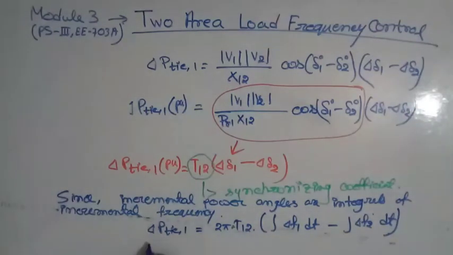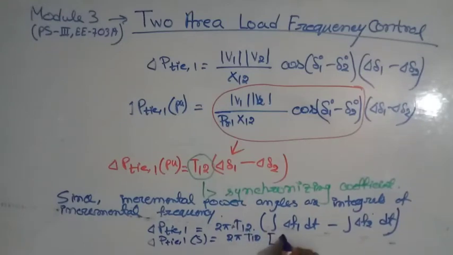Now the Laplace transformation of this gives delta P tie 1(s) equals 2 pi T12 times delta F1(s) minus delta F2(s), for integration 1 by s.